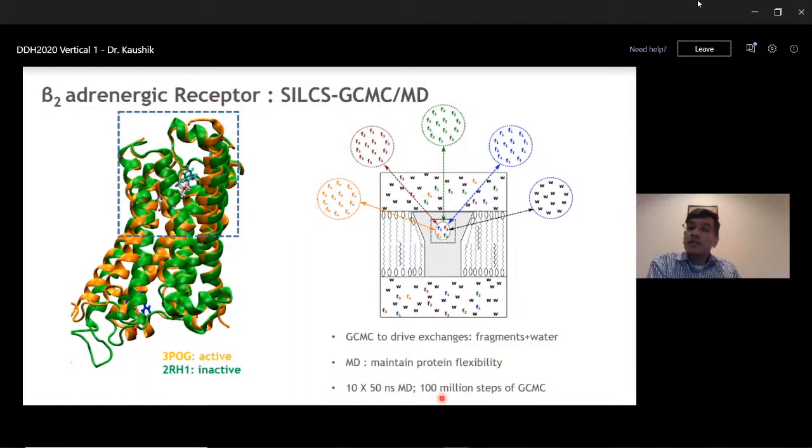But you couple that with 100 million steps of GCMC, and now you have an efficient sampling that's thermodynamically relevant for each of these probe molecules into how they coat or decorate the binding pocket. So of course, this is where your protein is. The protein is surrounded on both sides by the lipid bilayer, and you have an extracellular solvent phase and an intracellular solvent phase, again coupled with these different fragments.